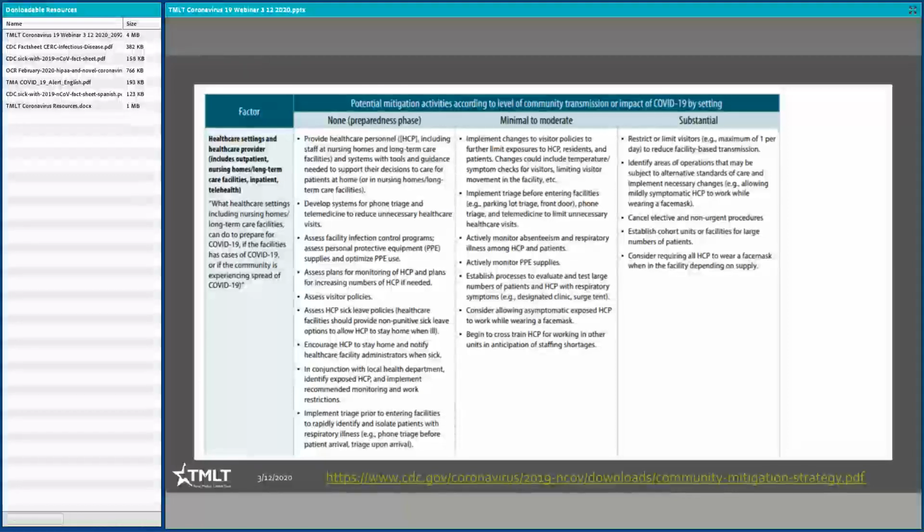But this document breaks down mitigation activities by the type of facility, in this case, the healthcare setting and healthcare provider. And it breaks it down into 3 categories: the number 1 being there's no coronavirus known in your community. The second being minimal to moderate coronavirus activity. And the third being substantial coronavirus activity.